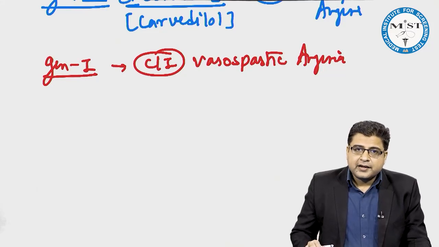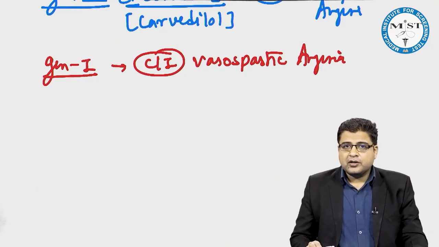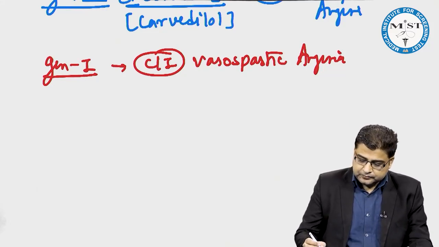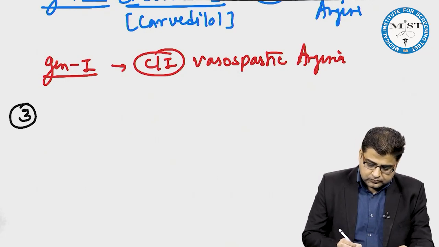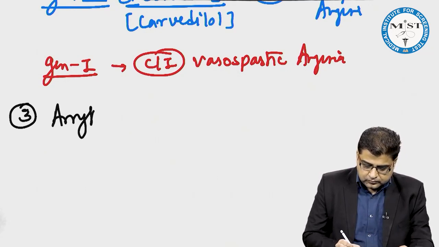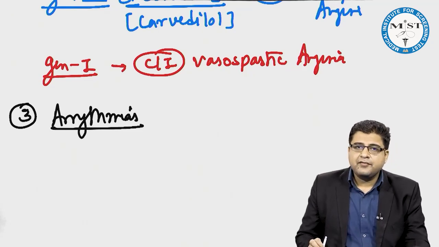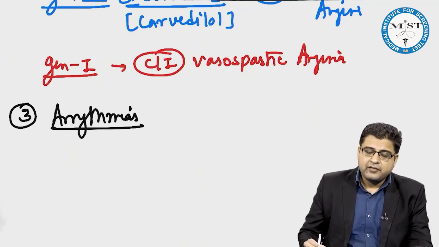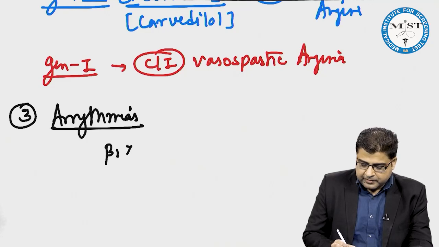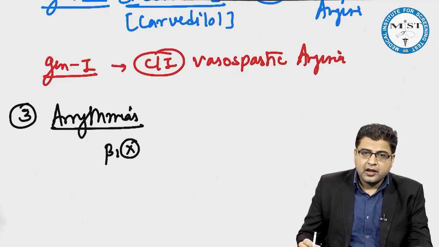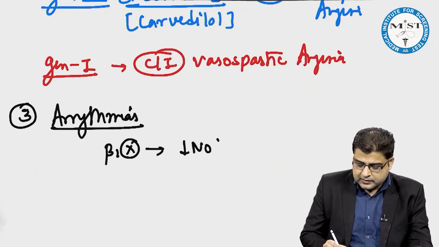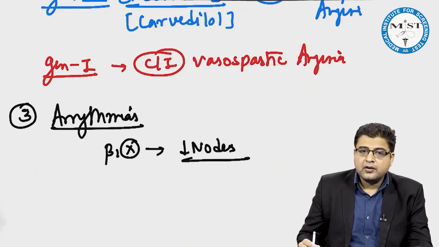Now apart from this second indication, the third indication of beta blockers is arrhythmias. So beta blockers are given for the treatment of arrhythmias. Whenever we give beta blockers, beta 1 receptor is blocked. And when this beta 1 receptor is blocked, that can reduce the nodal system of the heart, right?